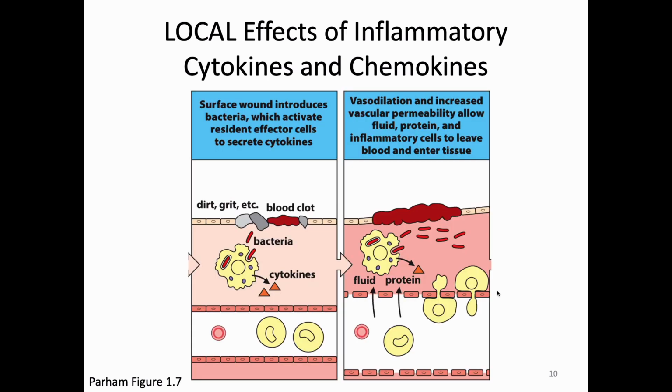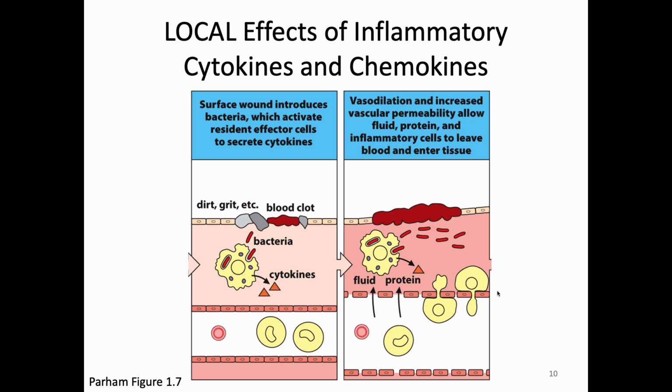Here we can see some of those effects of the inflammatory cytokines and chemokines, and again, specifically IL-1, IL-6, and TNF-alpha. On the left you can see the before inflammation picture, and on the right, the after.